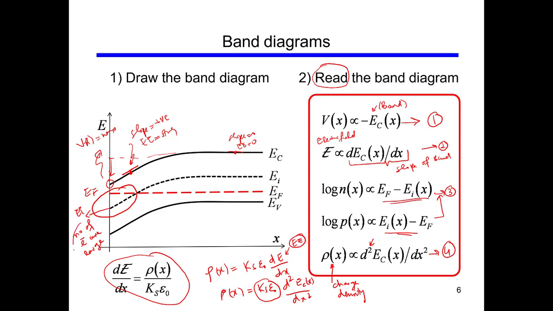And if you see here, EI is above EF, which means that the number of holes is larger as we move away from the insulator.